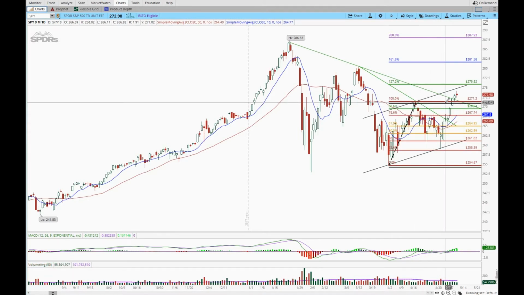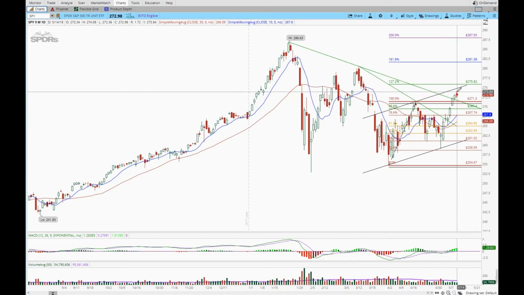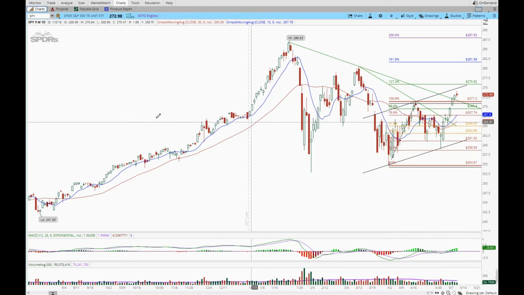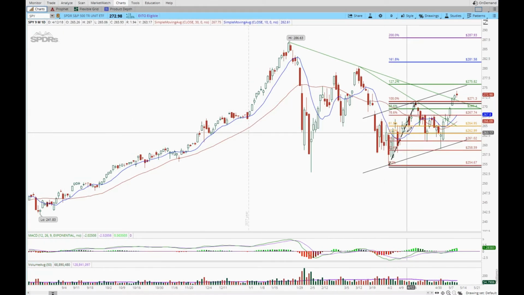So it was actually a breakout, and this breakout could in the short term go back and test this area here, and then can go up again.